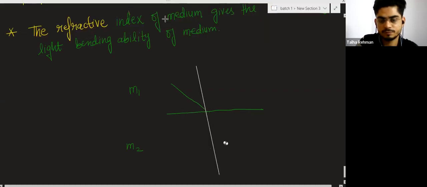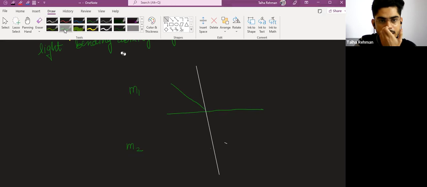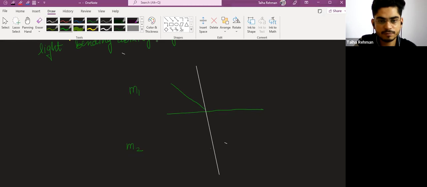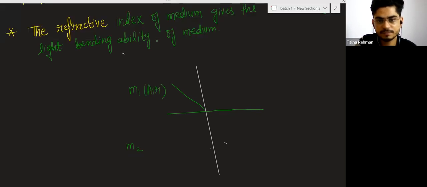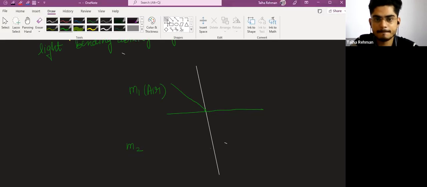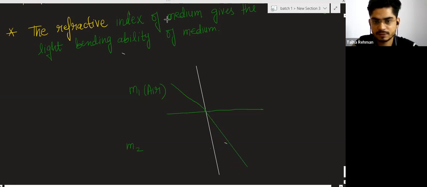This is the normal, and this is the light ray. First, light is traveling from medium 1, air, to any other medium. Just concentrate here, this is very important. Light is striking at this point, and after striking, the light is traveling like this. This is the bending of light.